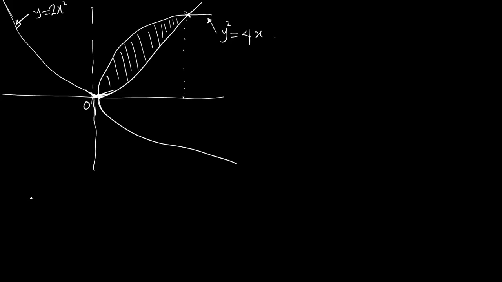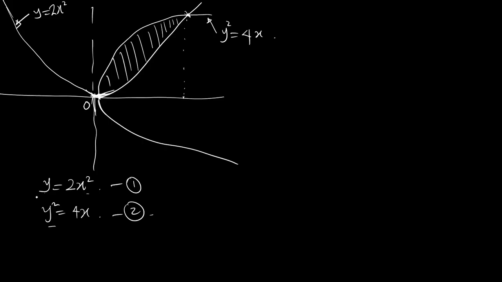So where they intersect, y is equal to 2x squared, and the other one, y squared is equal to 4x. This is equation 1 and this is equation 2. We substitute y equal to 2x squared into this equation.